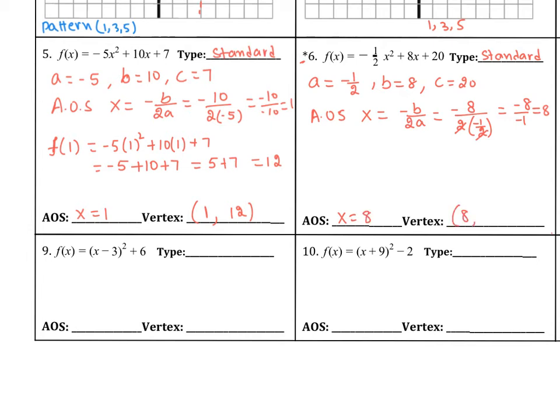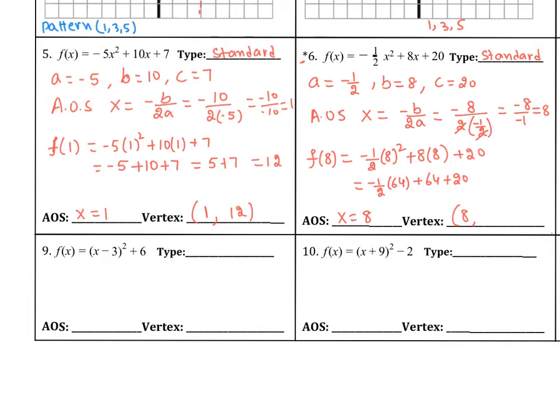Now we're going to look for the y value. We're going to use the x value, plug it into the main equation, and find out the y value. So this is going to be negative 1 over 2 times 64 plus 64 plus 20.